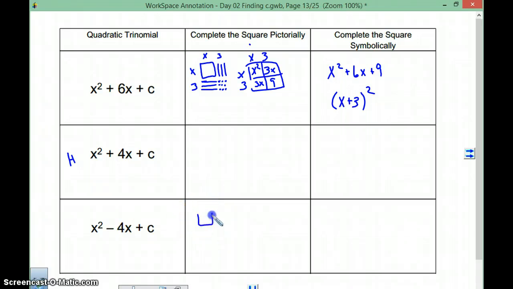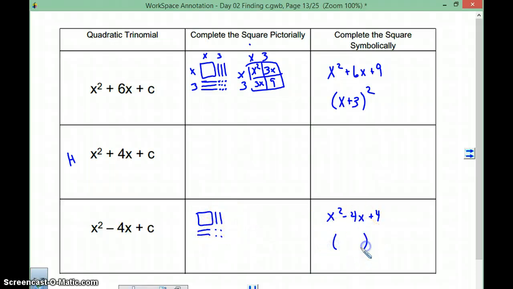Okay? This is my x squared minus 4x. How many dots? I need 4 dots. So this becomes x squared minus 4x plus 4. It's plus because negative times negative becomes positive.